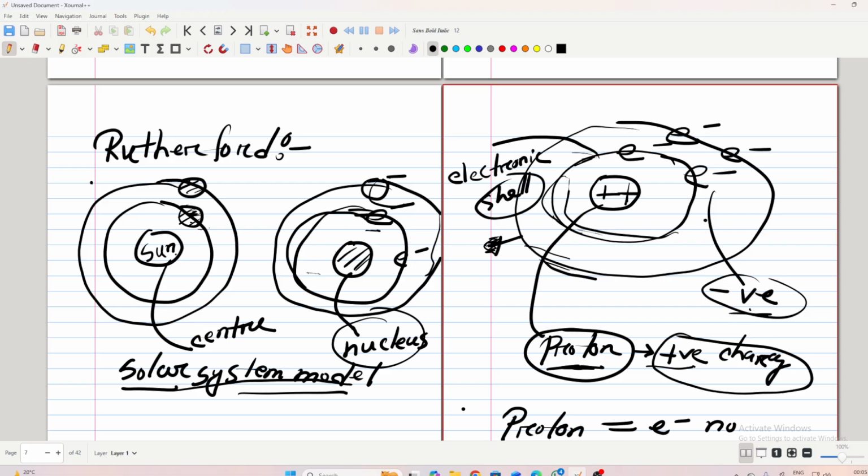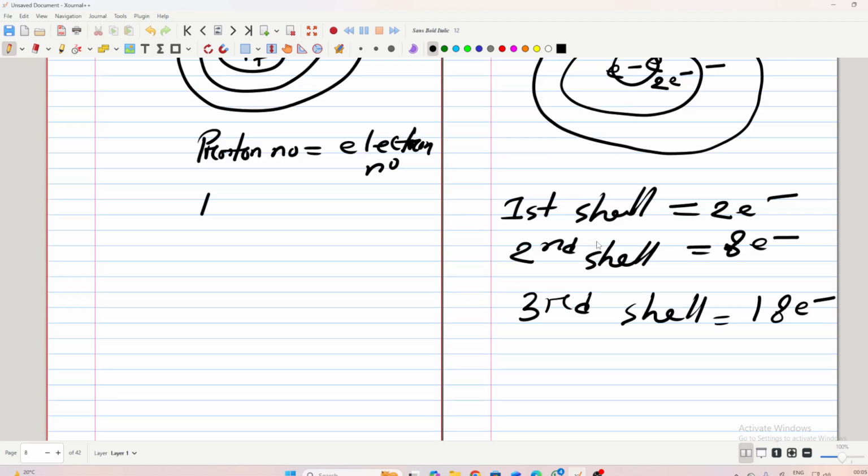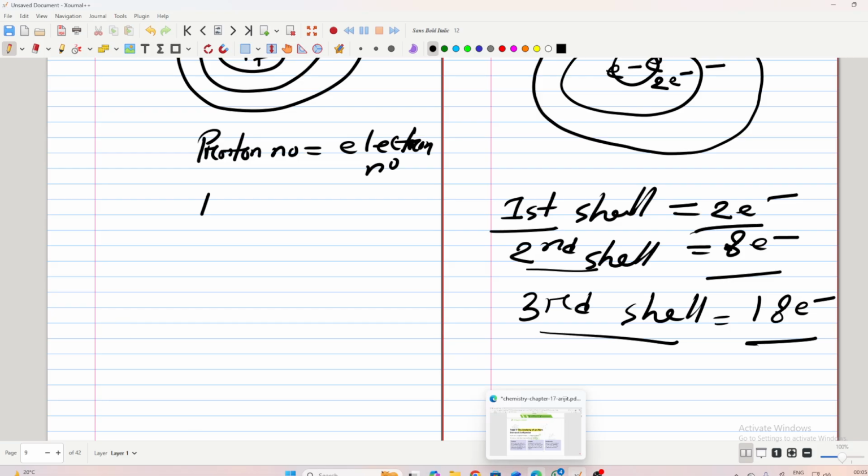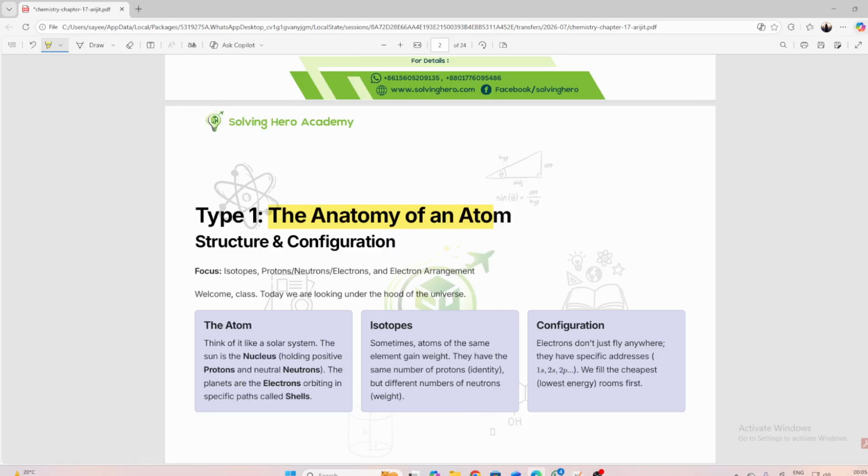The electrons rotate in shells, which are called electronic shells. At the first shell 2 electrons can stay, at the second shell 8 electrons, and at the third shell 18 electrons. So here is the anatomy of an atom.